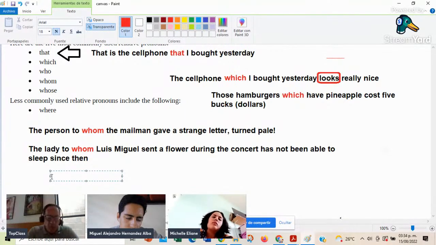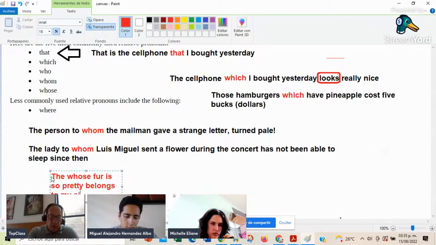So, for example, the dog or the cat. Whose is cuyo. You can use this with animals because it's something that belongs to someone or something. Even objects.